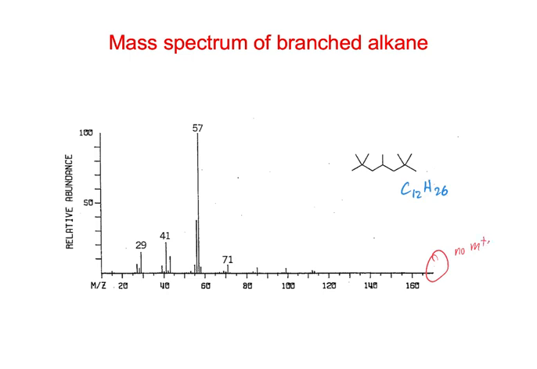So this molecule is fragmenting more easily than the previous one, and it's doing that because it can generate a more stable fragment ion. And so we see that 57 is the base peak, and that's the main ion that we're seeing.